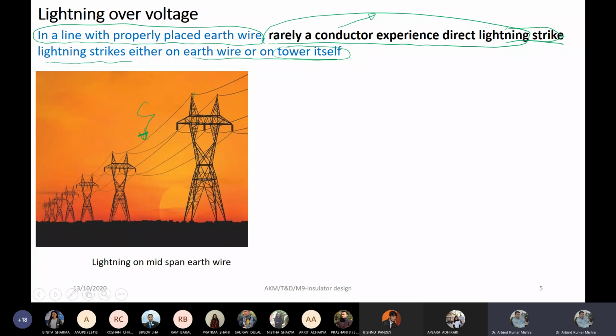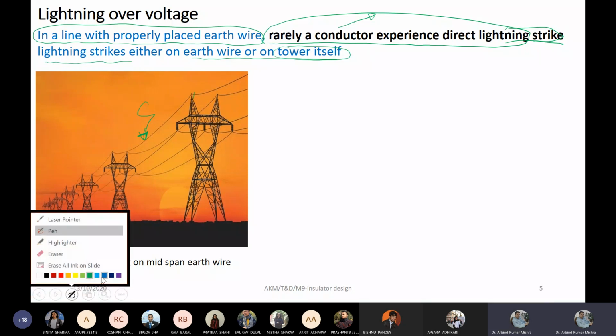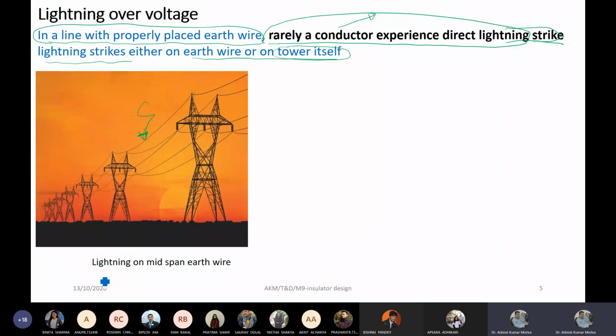Let's consider, assuming that lightning is striking the middle of this span. As you know, lightning is in fact a flow of heavy current. So say this is the lightning current, I lightning. I'm not going to discuss the mechanism of lightning with you because it would take more than one or two periods.